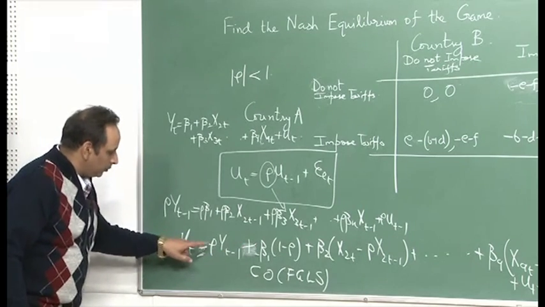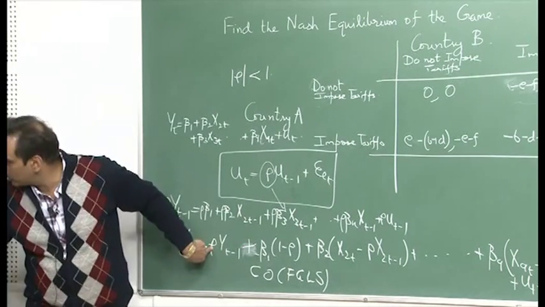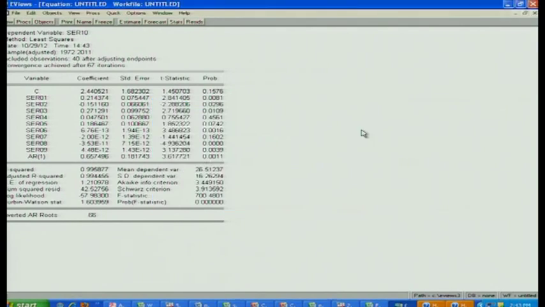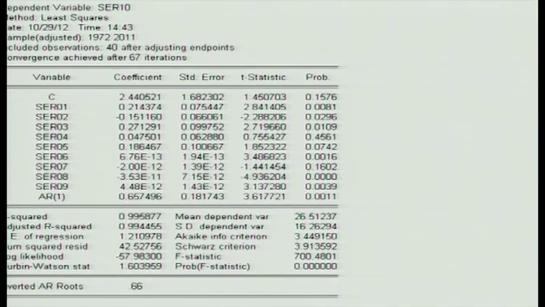it is giving you an estimate of rho, which is 0.657. So, you should know that this is the coefficient which is attached to yt minus 1.